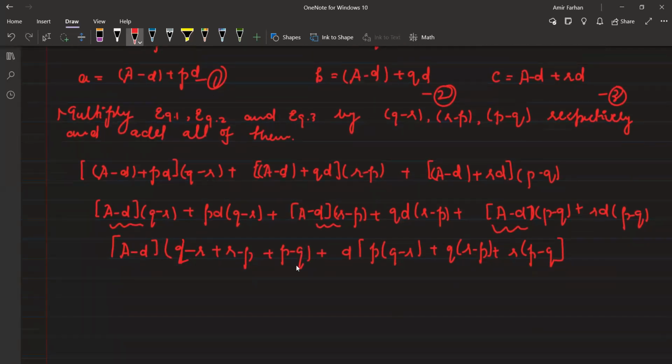Just see this thing. Q will cancel this minus q, r will cancel this minus r, and p will cancel minus p. So this whole becomes 0. So this term will become completely 0. A minus d into 0 will be 0. Here same thing.